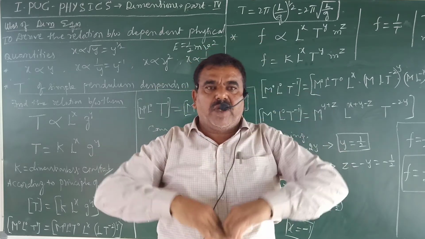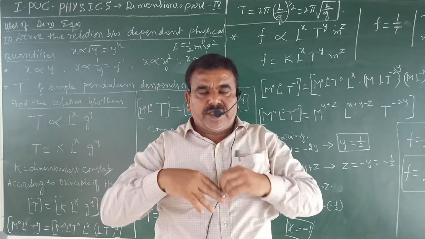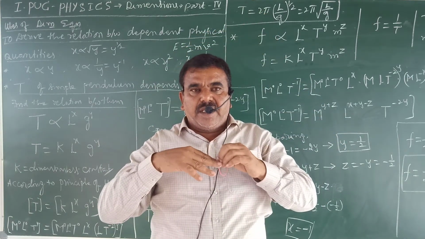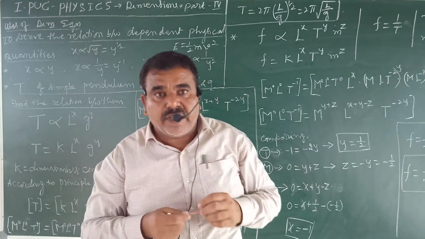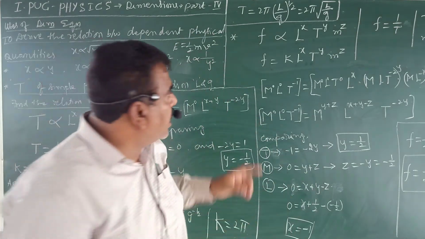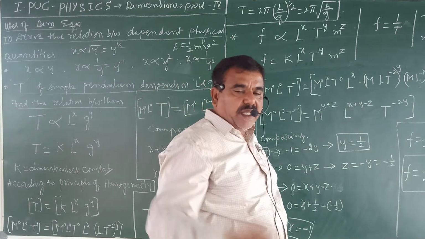The string will vibrate like this. The time taken for one vibration is called time period. The number of vibrations per second is called frequency. That is the frequency of vibration of a stretched string.